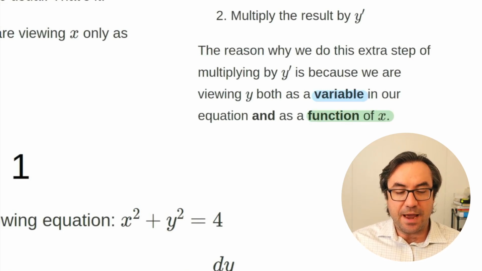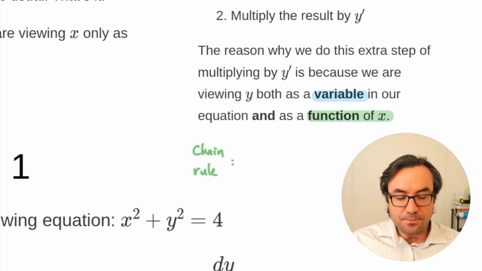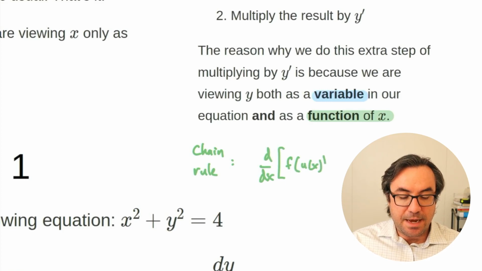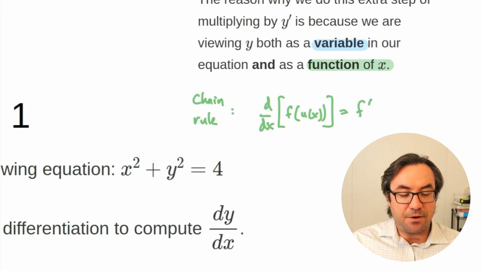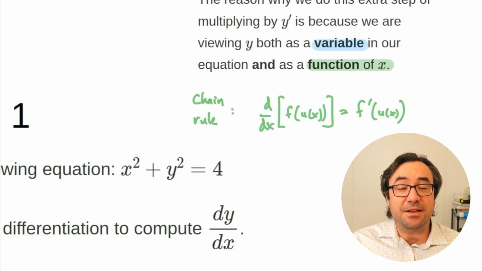And we have the chain rule that says when we differentiate a composite function, we do the derivative of the outer function, and we keep the inner function exactly the same, and then we multiply by the derivative of the inner function.